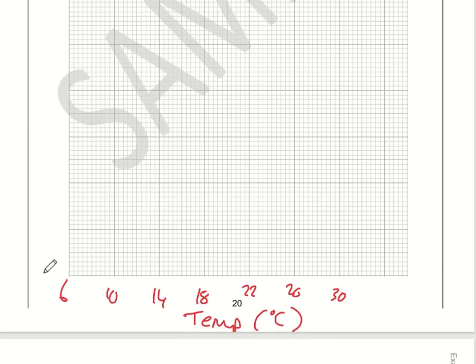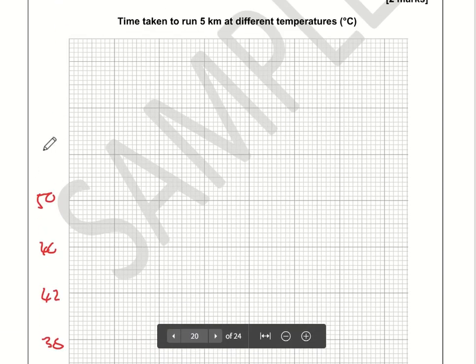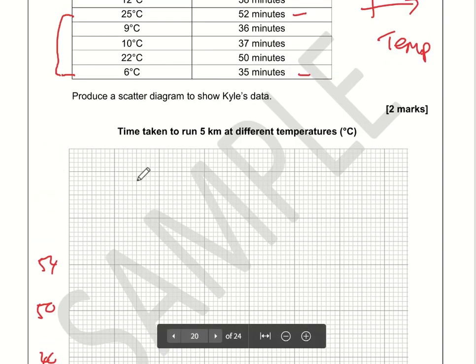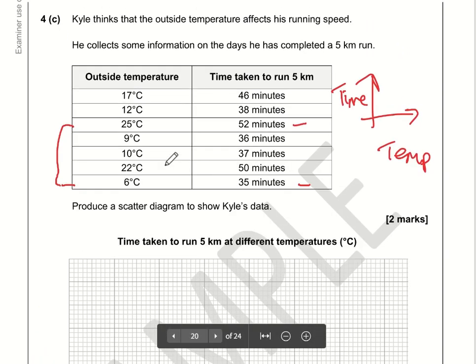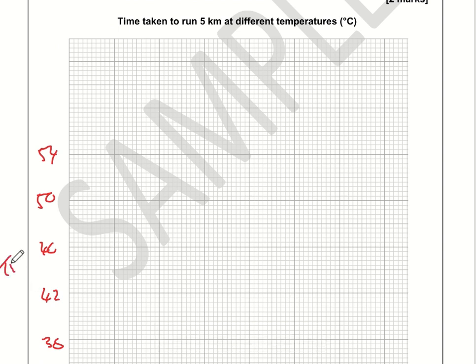So let's go 34, 36, 38, 40, 42, 44, 46, 48, 50. That seems like a bit of a waste of 52, 54. Yeah, it's the best we can do, really. Okay, the more fully we use the graph paper, the easier it is to actually plot the data as well. So this is time in minutes, so let's label that axis as well. So this is time, and that is in minutes.